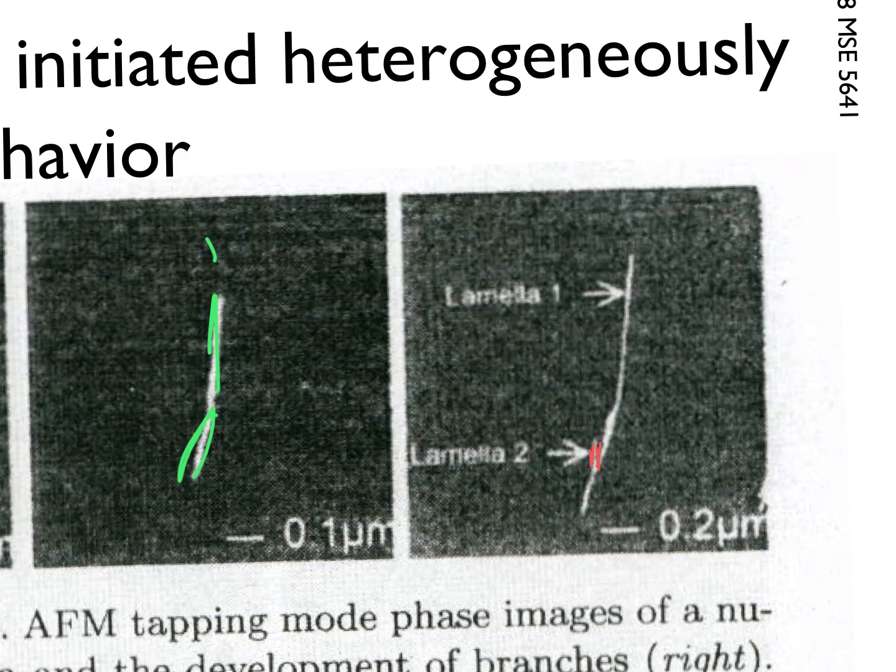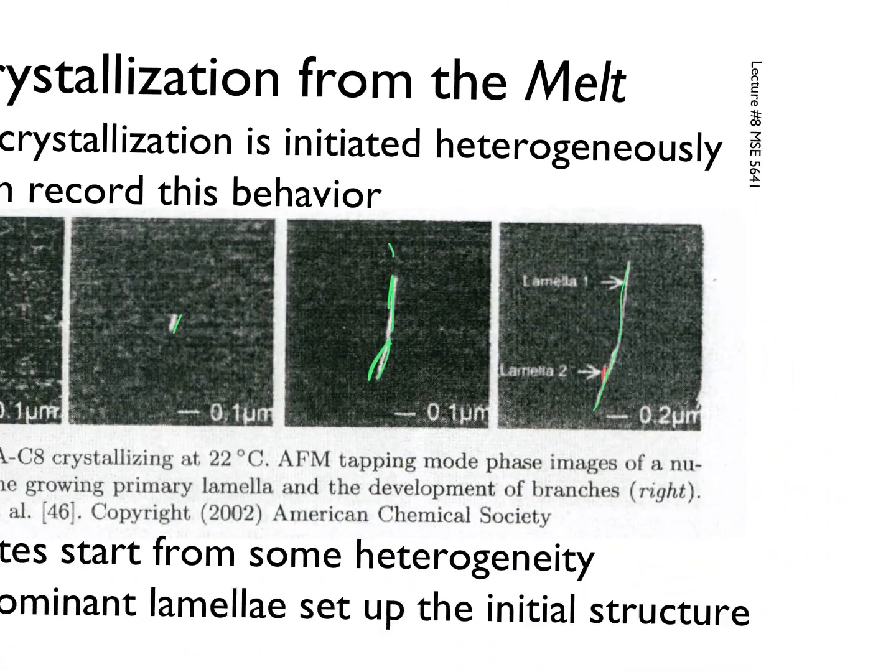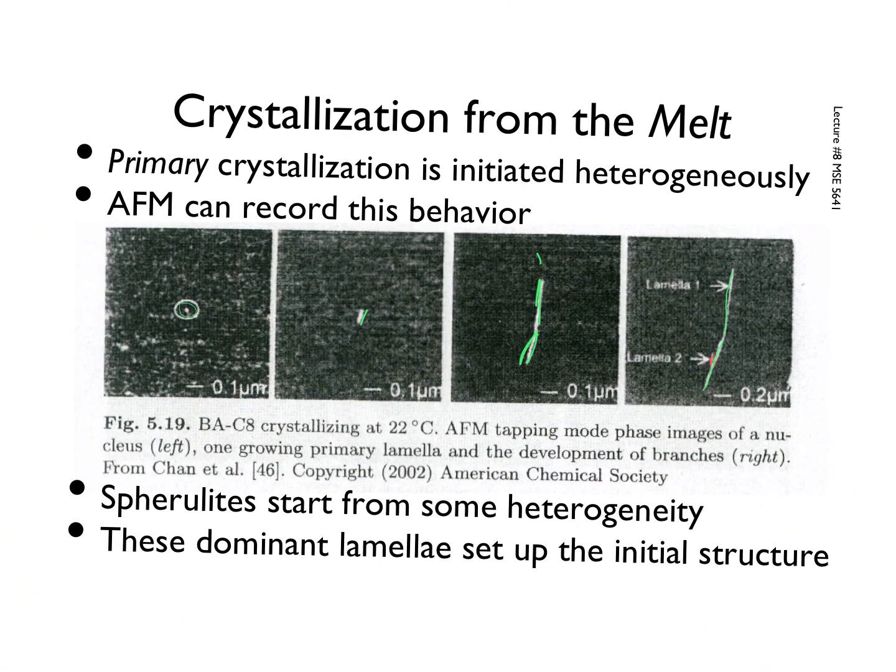But everything continues to grow away from that initial point of nucleation. Does that make sense? So we have a growing primary lamella and the development of at least one branch, if not two.